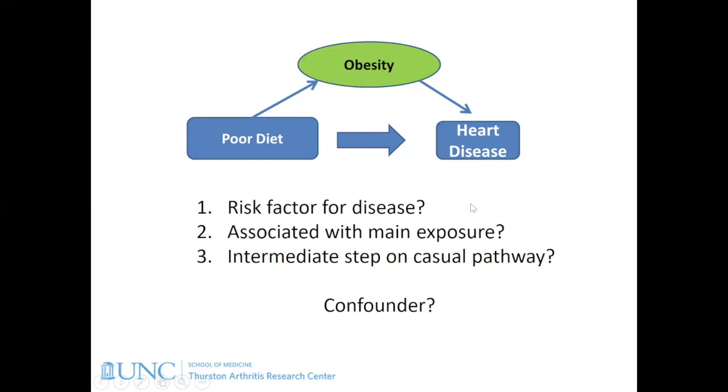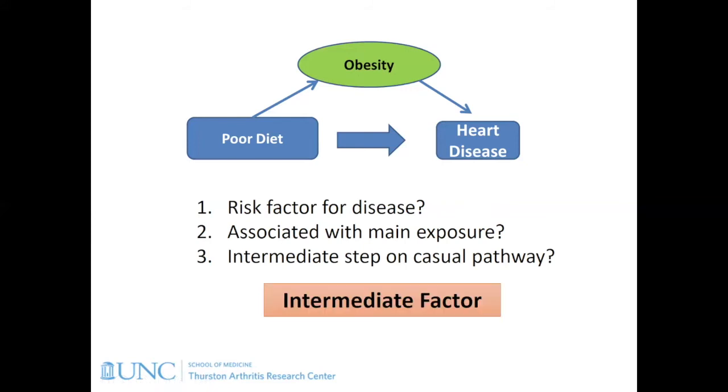So we would not consider this a confounder. What we would consider this instead is an intermediate factor. So if we were doing our models, we would not want to include it for adjustment in models. You could still stratify the associations that you're looking at, but you would not want to control for it.